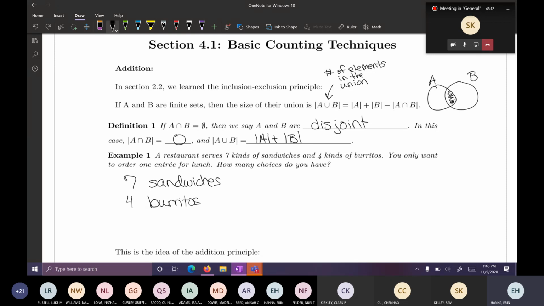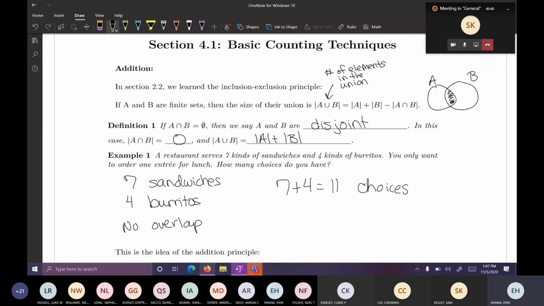If you consider those to be sets, there's no overlap, right? If you really wanted to consider a burrito a sandwich, we're going to consider burritos different from sandwiches here. We're not going to get into that debate. So there's no overlap between the two, and essentially they're disjoint sets. The set of sandwiches is disjoint from the set of burritos. So if we want to know how many choices we have, we just add the number of things together to get 11 choices.